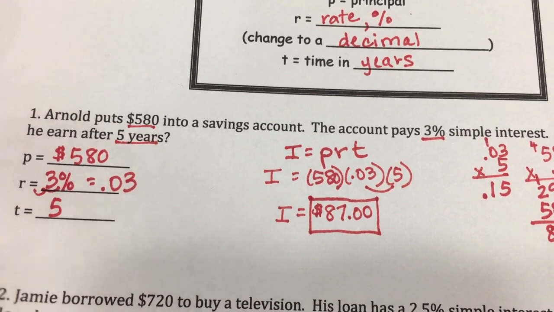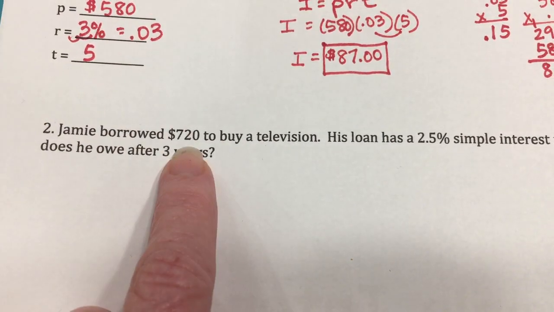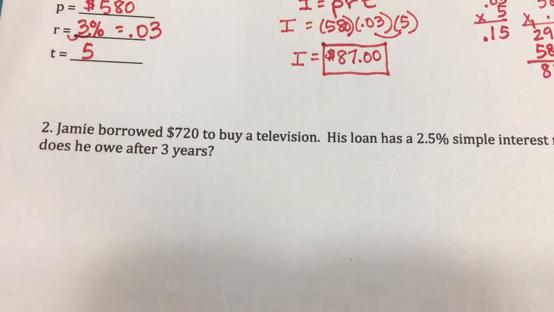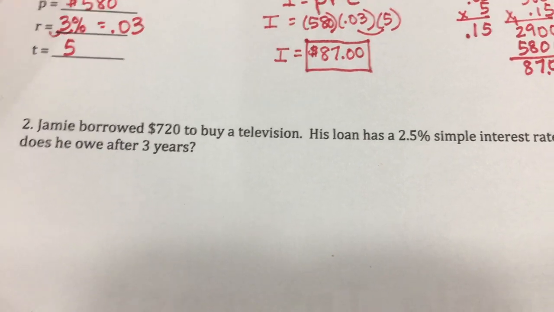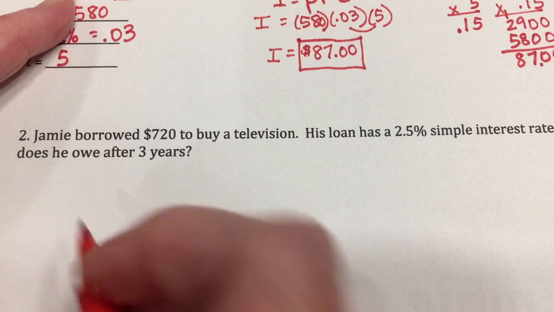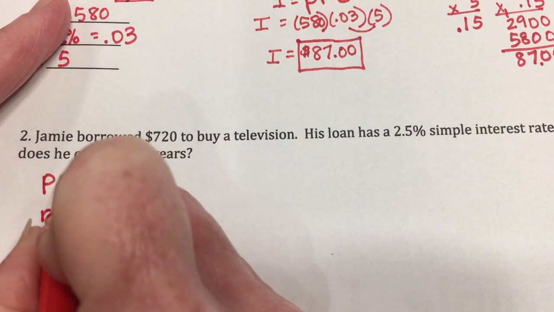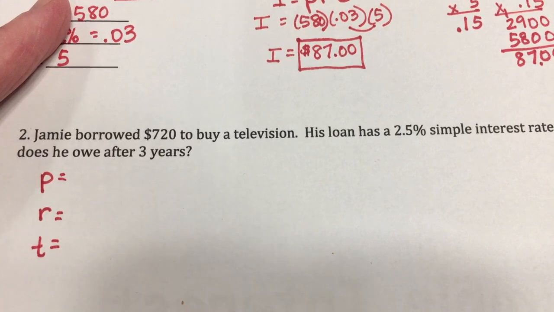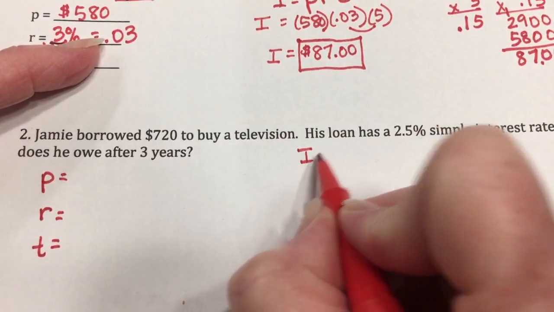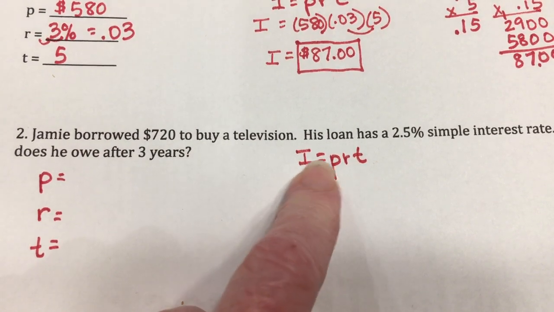Okay. All right. So let's see. Jamie borrowed $720 to buy a television. His loan has a 2.5% simple interest. How much interest does he owe after 3 years? Again, I'm going to start by finding the principal, the rate, and the time. Now you can also use this formula, I equals P R T, to solve for one of the other letters.